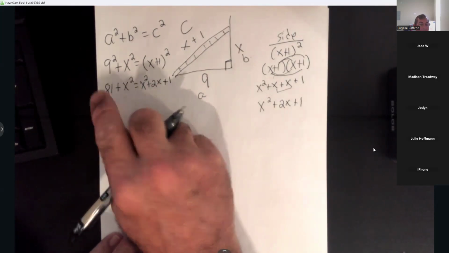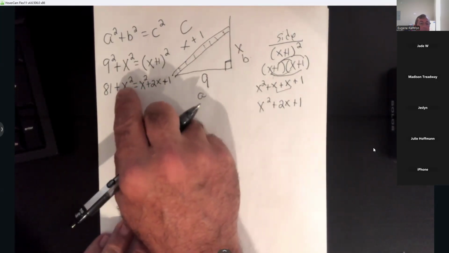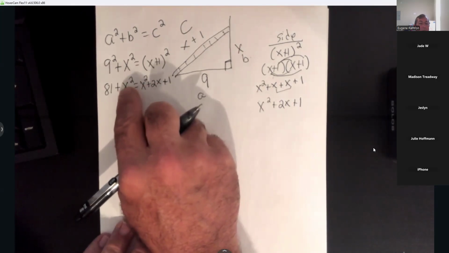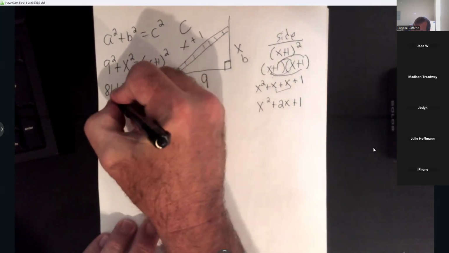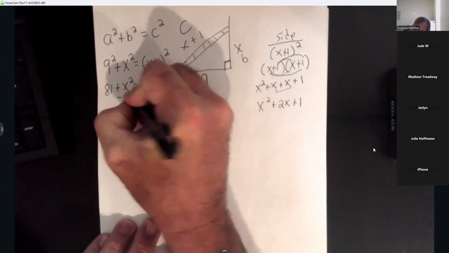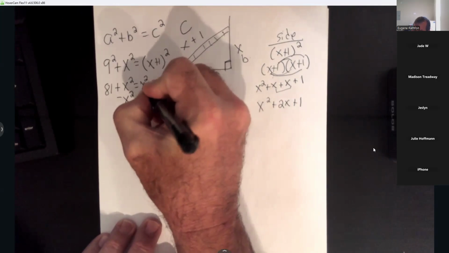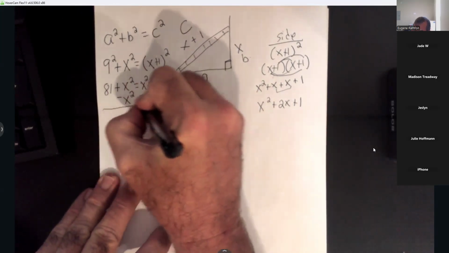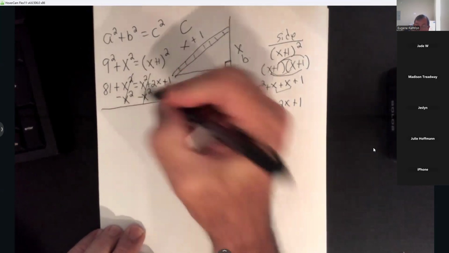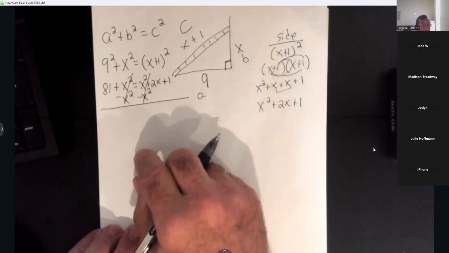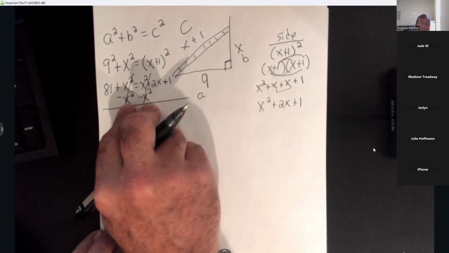Okay? Since it's quadratic with the x squareds, I'm going to try to get all the x squareds on one side. But look what happens when you subtract x squared from both sides: those x squareds cancel out. Everybody's is going to cancel out like that.